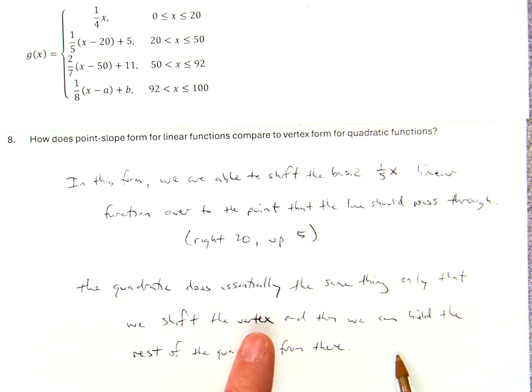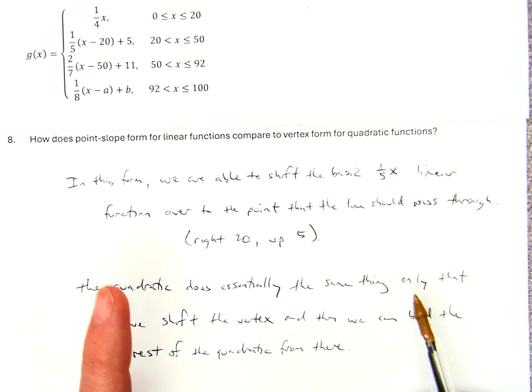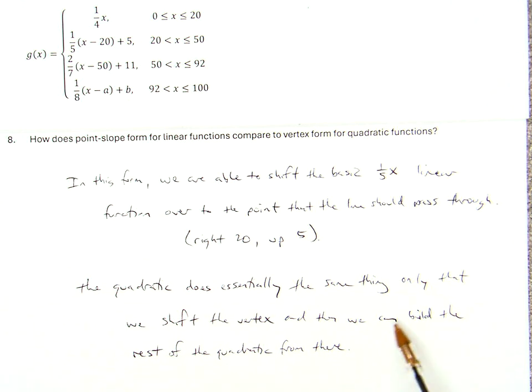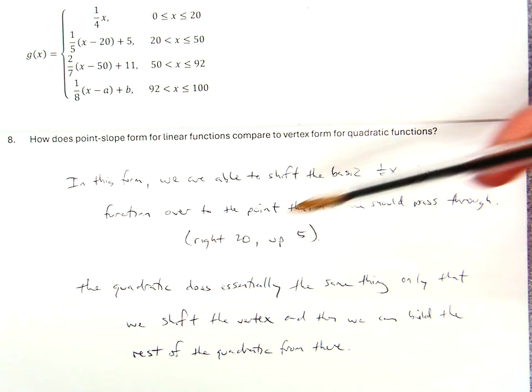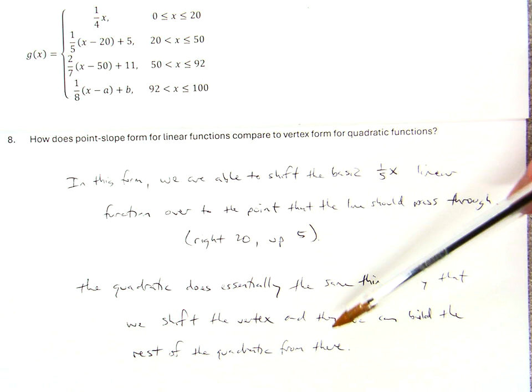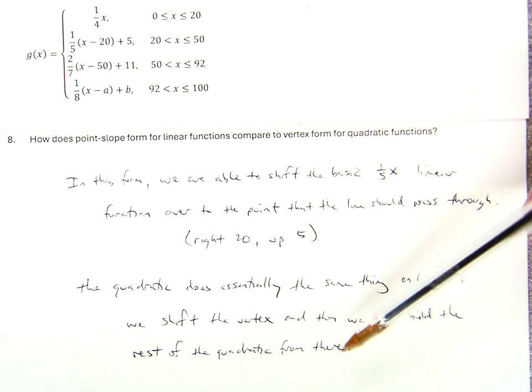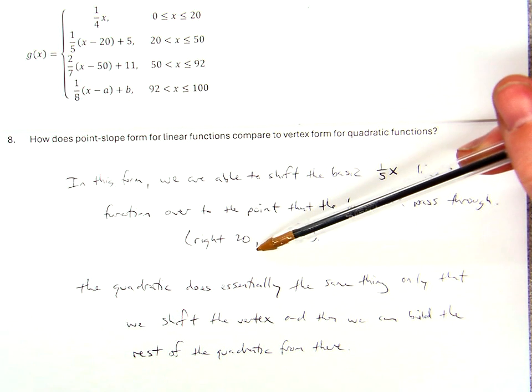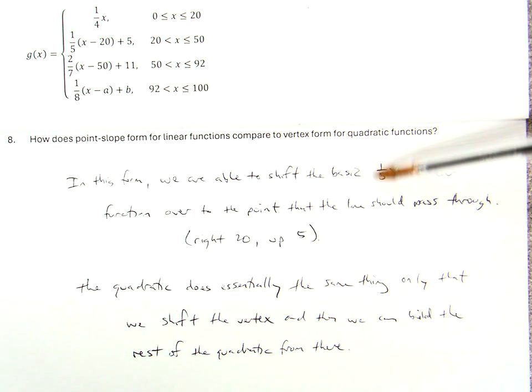Remember, if we go out 1, up 2, up 4. So once we have the vertex where it's shifted, then we can build the rest of the function. So the idea of shifting is the same. It's just shifting a very specific point of a quadratic and then building the quadratic, or shifting a point of interest in the linear function, and then we're still building the linear function, which is off of the slope of 1/5.